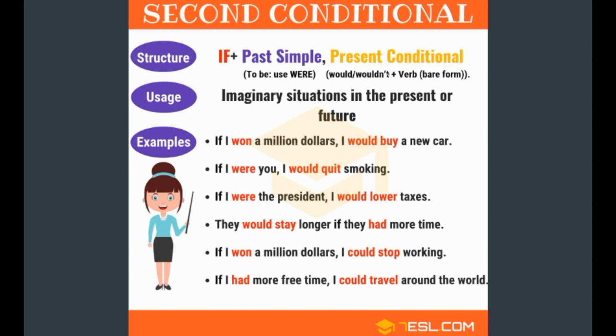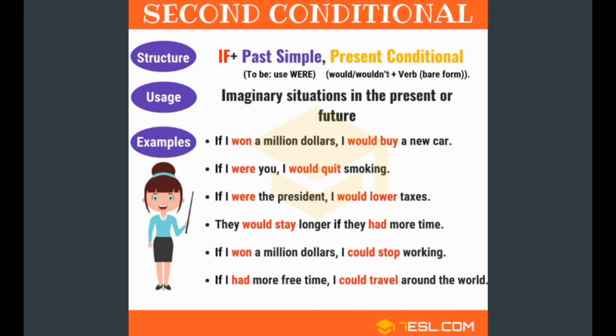Here we are using the verb to be in the past simple. And remember that for the person I, the past tense of I am is I was. But in conditional sentences for American English, we use were for all the persons. So you say, if I were you, if I were the president, right? And in the main sentence I use would plus the infinitive.